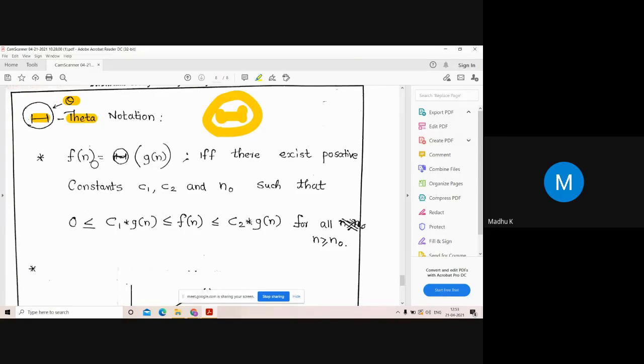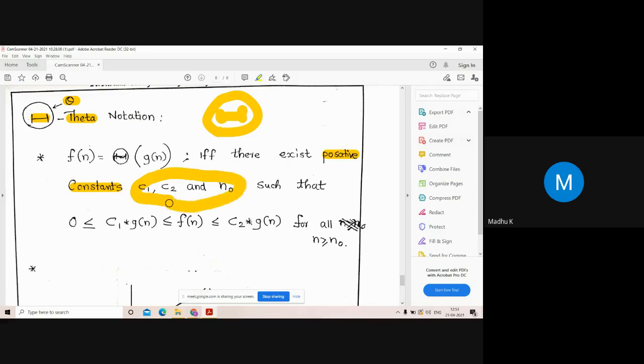This is the definition of theta notation. F of n is equal to theta of g of n if and only if there exist positive constants, you can note this, C1, C2 and N0. There are three variables.